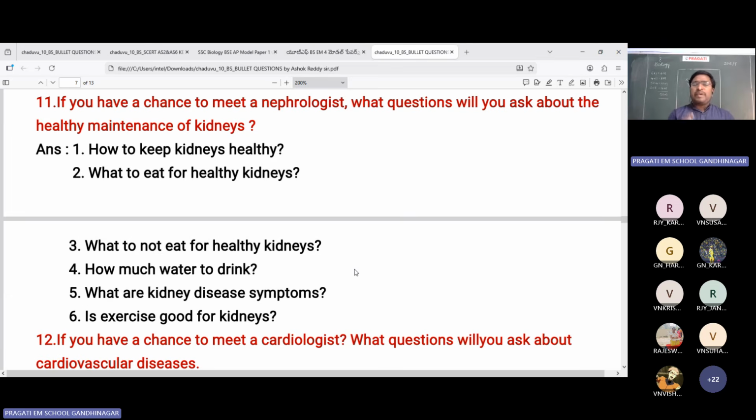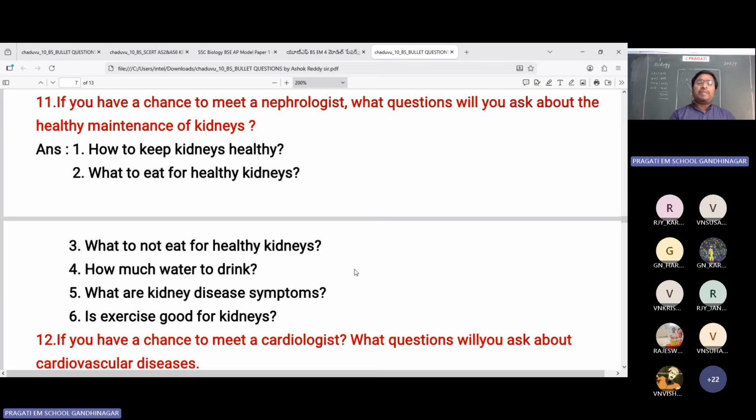So basing on the doctor mentioned in the question, you can ask questions, children. Nephrologist means one who deals with kidney related problems, isn't it? So based on that, here are some questions.